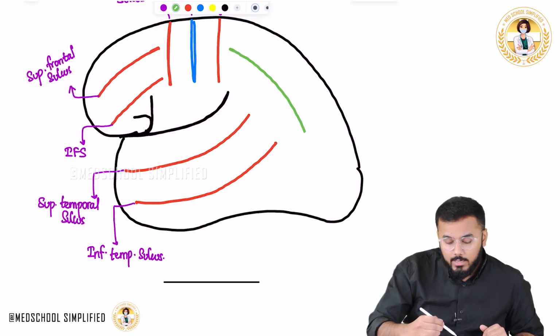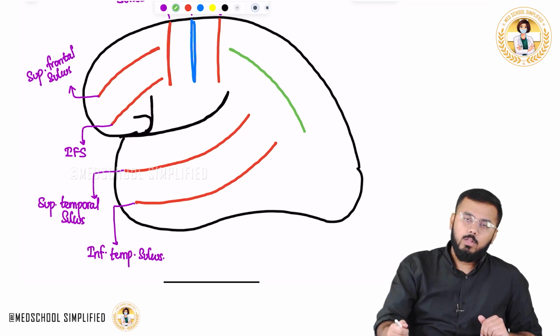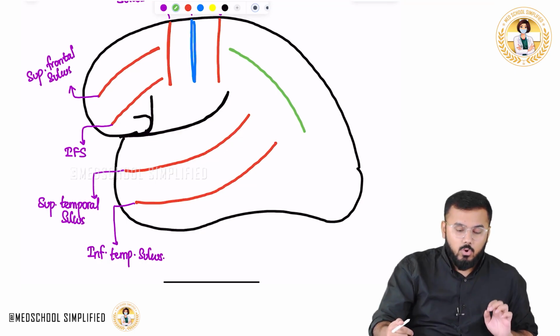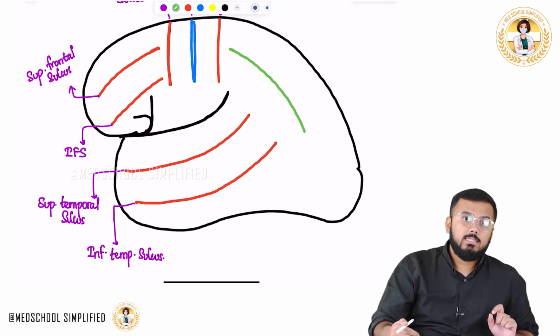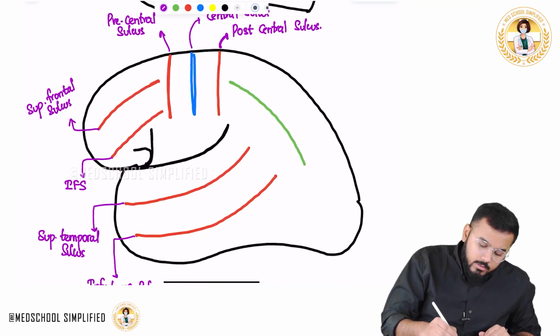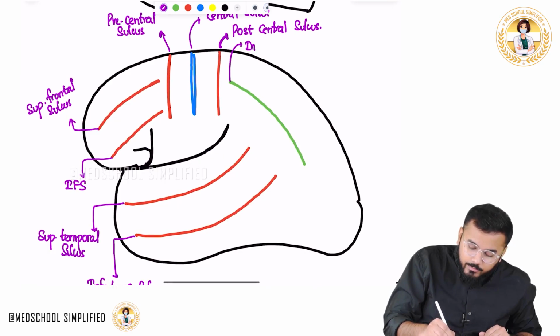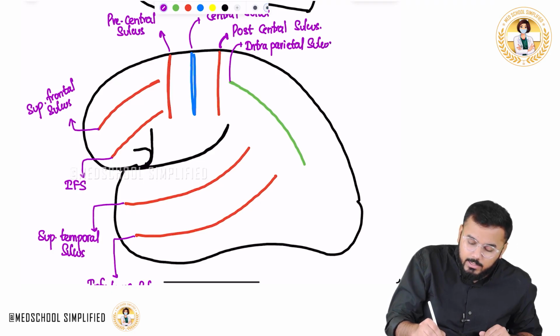Because this line is passing exactly through the center of your parietal lobe, it is called the intraparietal sulcus.